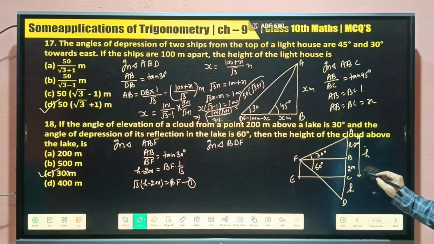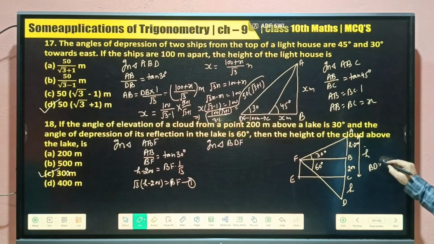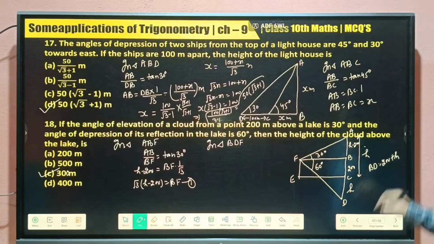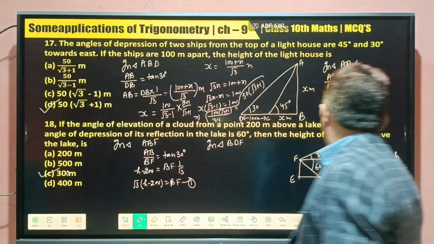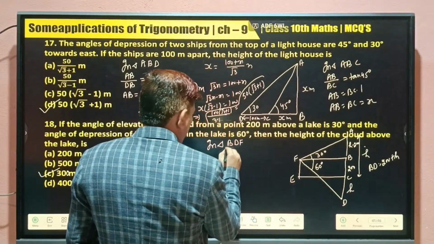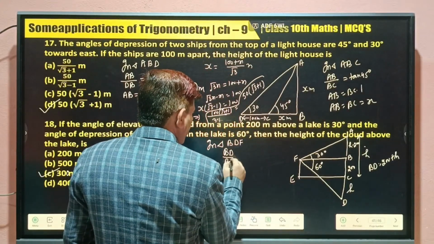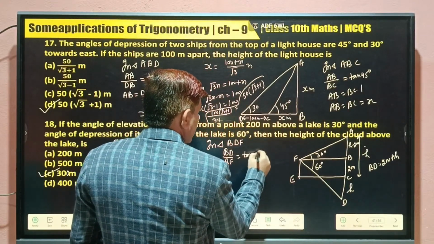So BD equal to 200 plus H. BD by BF is equal to tangent 60.